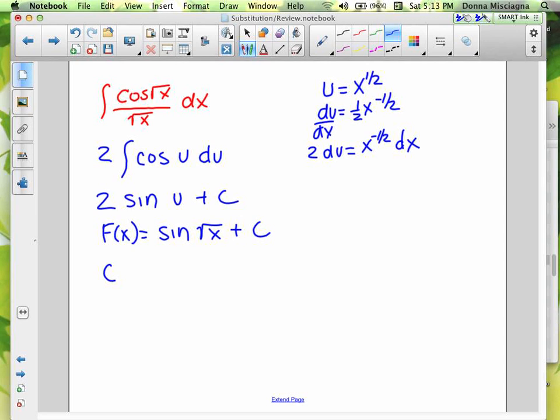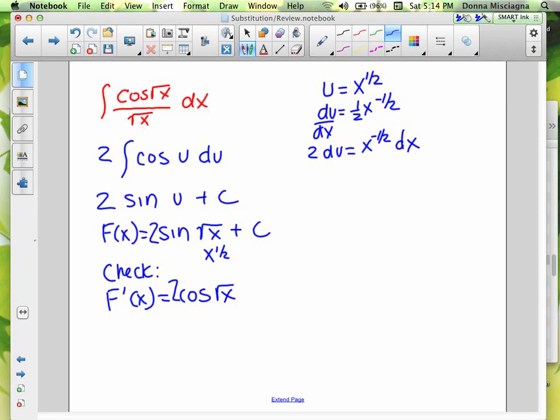And we have enough room to do a check here. Let's check it. F prime of x, by differentiating: the derivative of sine of something is cosine of that something, and the derivative of the something, which is x to the 1/2, is going to be, oops, I almost forgot to write my 2. Sorry, f of x is equal to 2 sine square root of x.